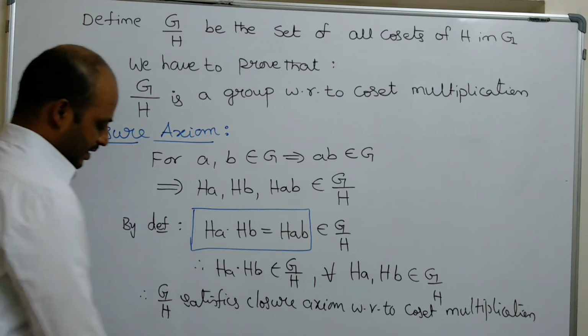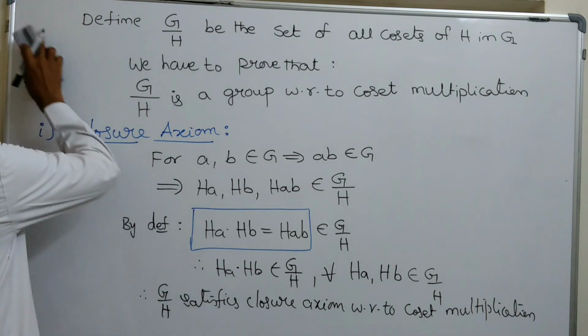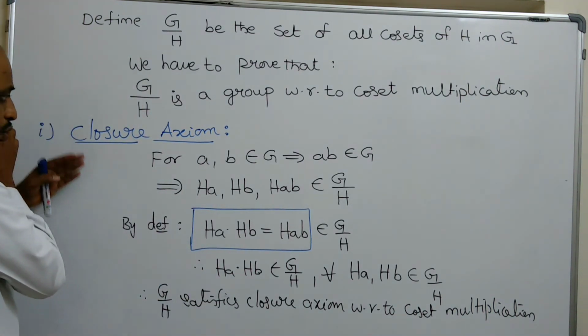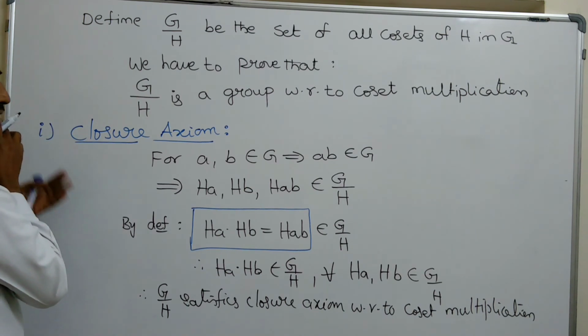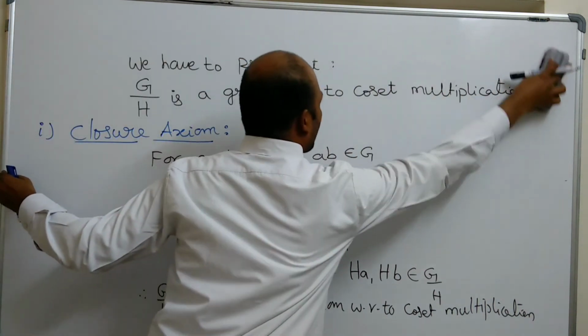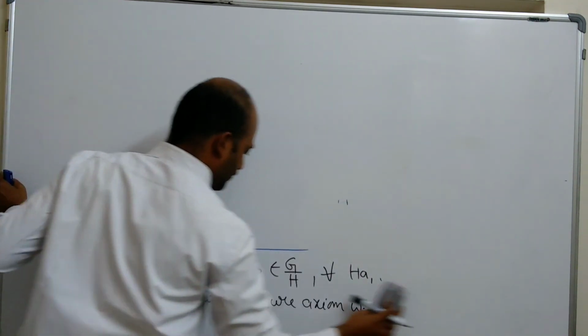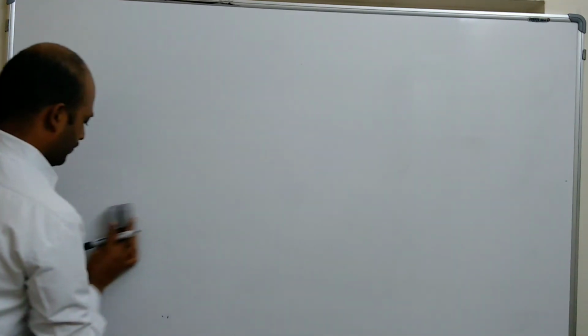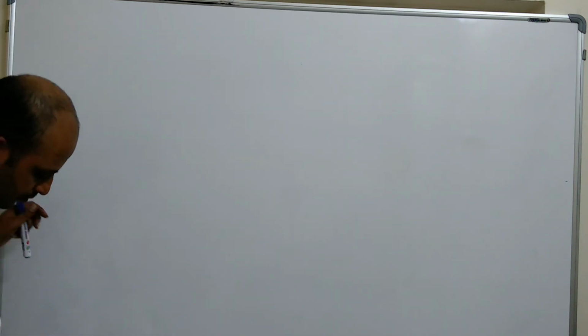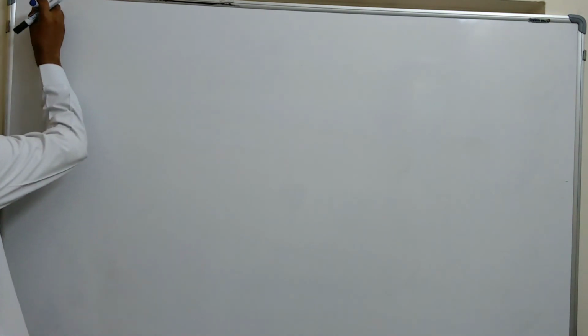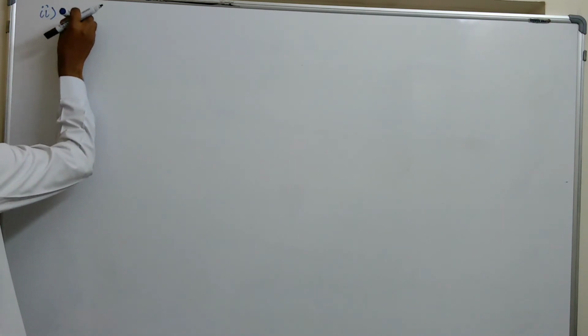So, trivial case. Let us go for the next axiom, which is known as the associative axiom, the second axiom.